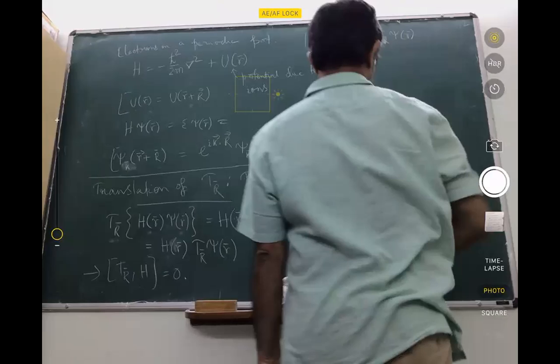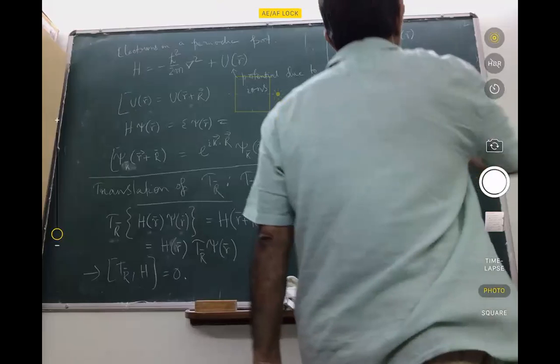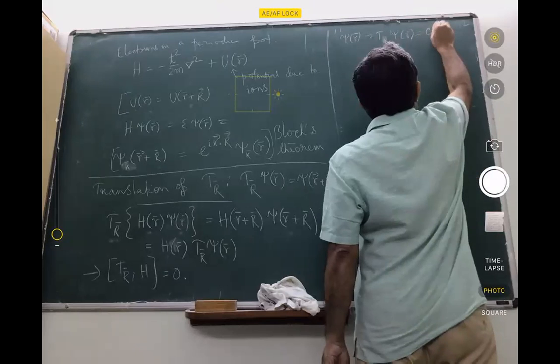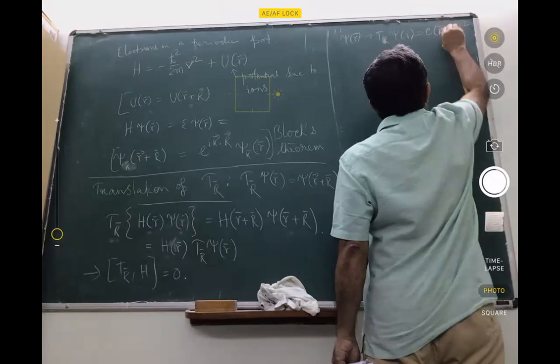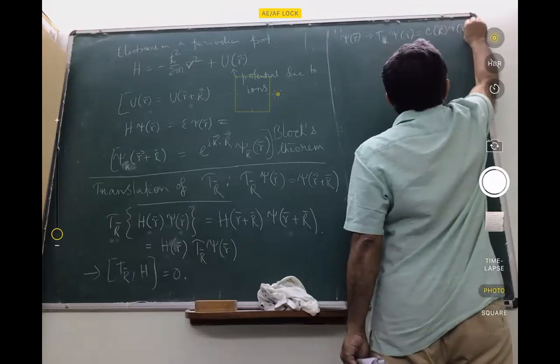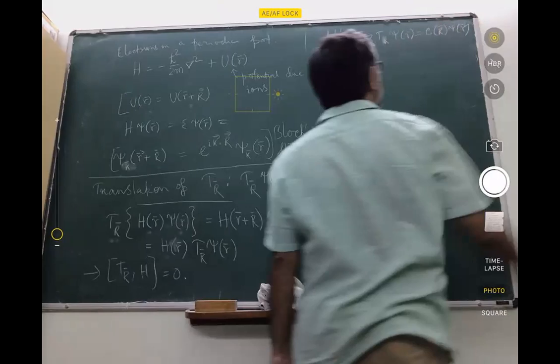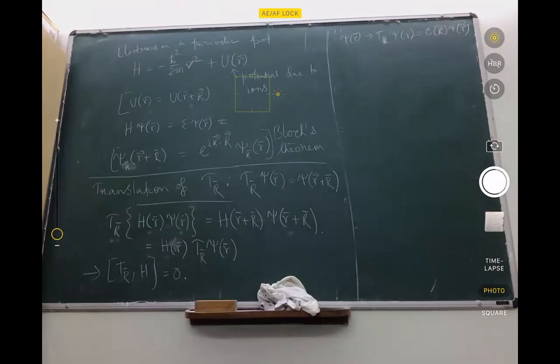We write this as T of R psi equals C of R psi. Okay, so C of R is the eigenvalue of the operator T of R with psi of R as the eigenfunction. So the task now is to just find out these eigenvalues, C of R's.